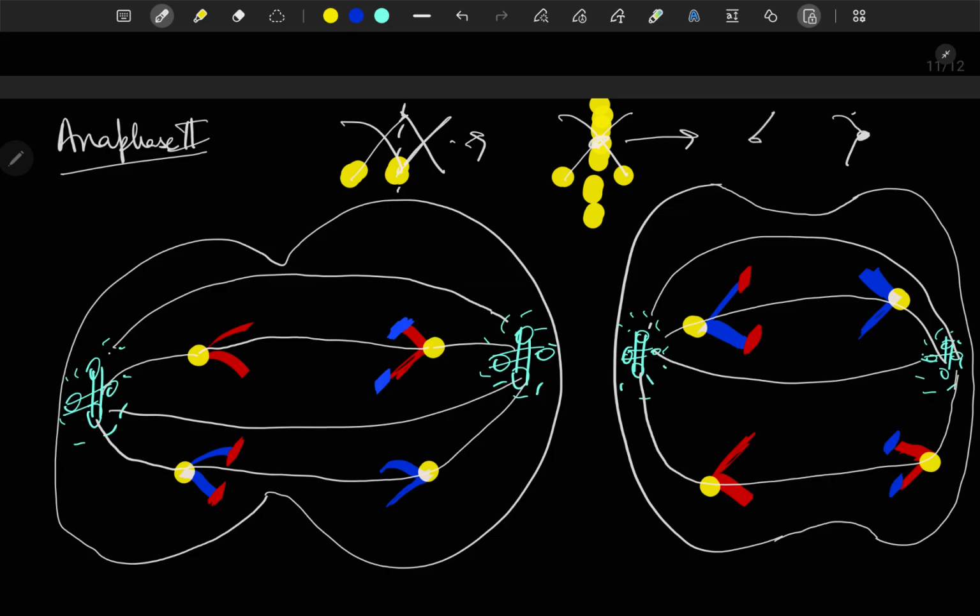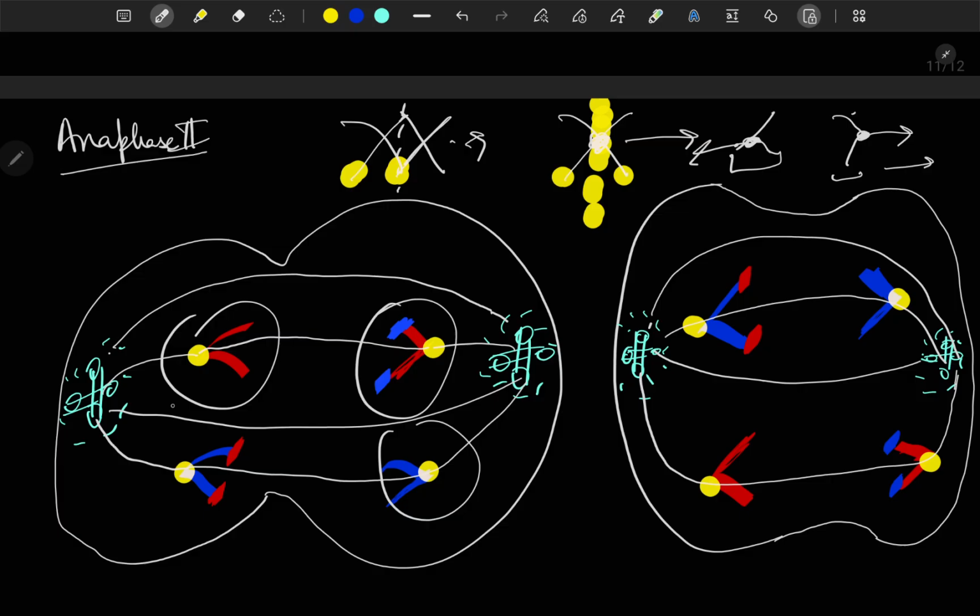One of the chromatids goes that way, to the opposite pole, while the other goes to the same pole, like this. The cohesion, which was holding the chromatids together, gets broken down here. When each chromatid separates, it becomes a new, individual chromosome.